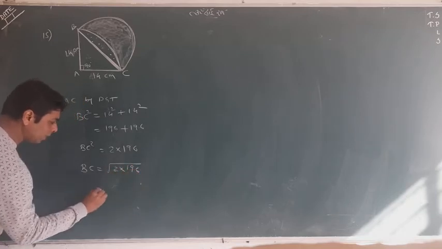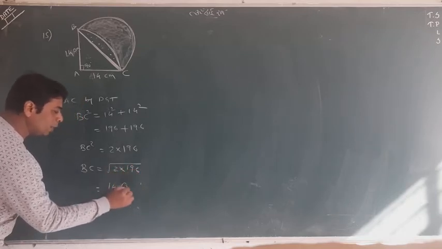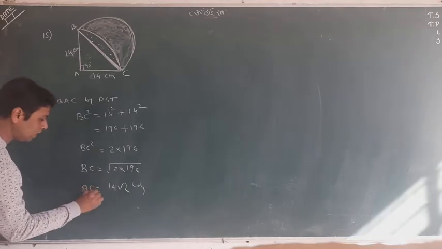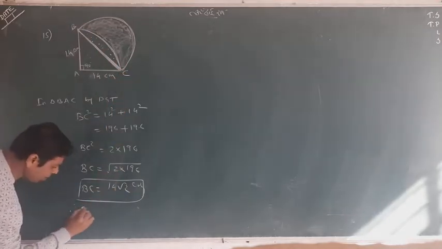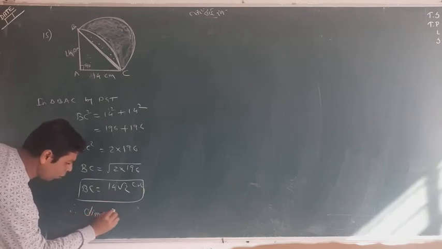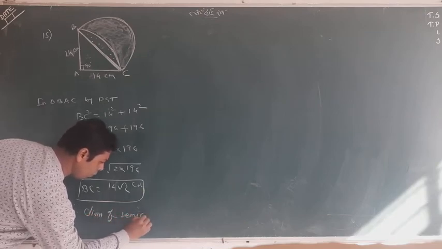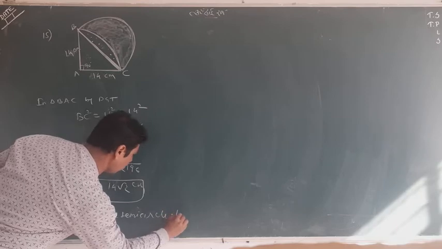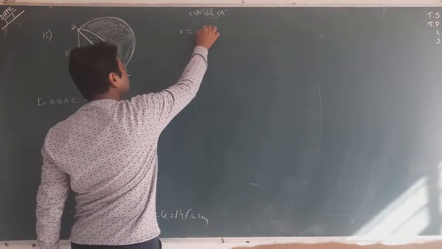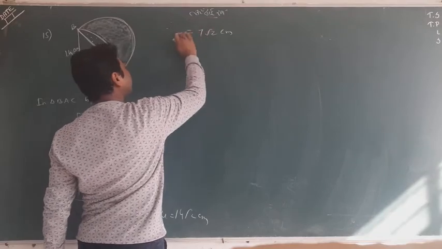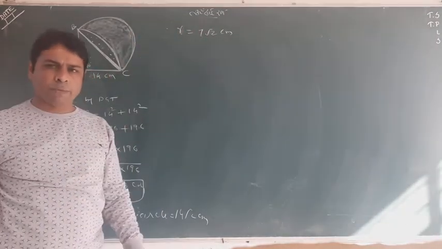You know 196 has a square root 14. The 2 cannot come out. That is BC, which is actually the diameter. Meaning the diameter of the semicircle is 14 root 2. So the radius will be 7 root 2 centimeter. This is the radius of the semicircle we have got.